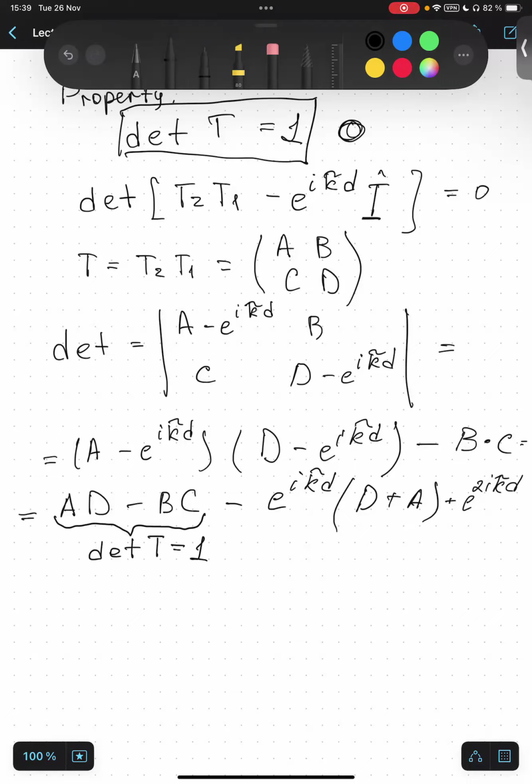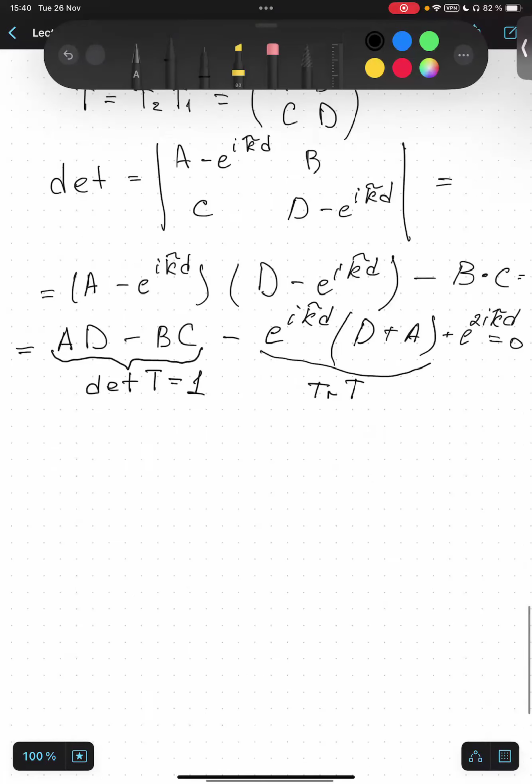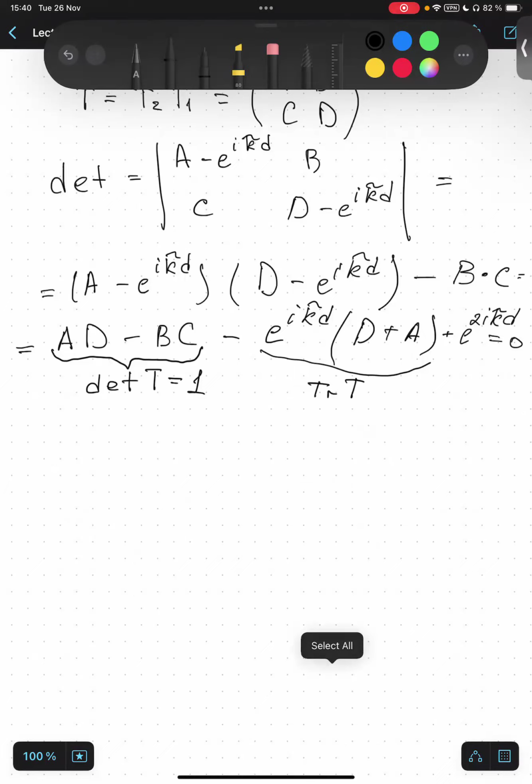The second part is nothing else but the trace of the matrix T. And here is just the exponent, also equal to 0. So we got rid of this part by 1.